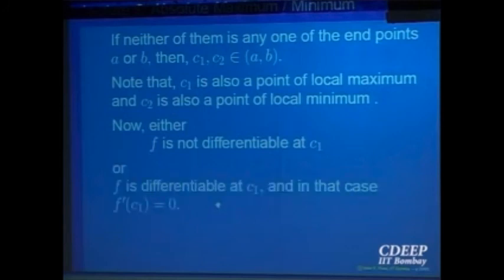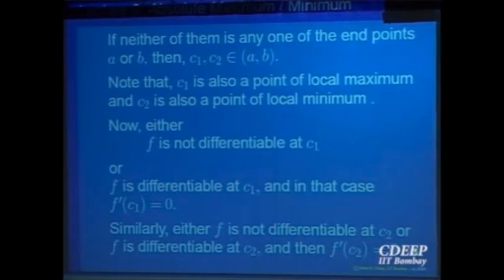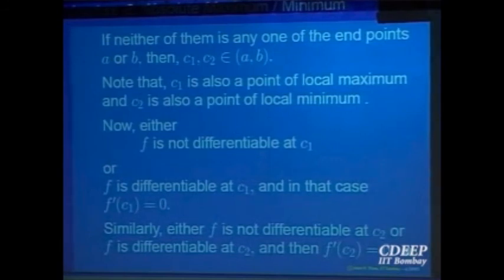If it is differentiable, then it is local, so the derivative must be equal to 0. I am writing it again so that you know how to write things also. It's not just waving hands and saying things orally, because an exam means writing down on a piece of paper.